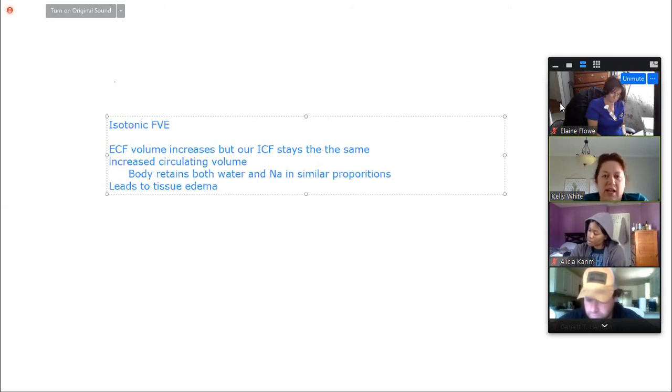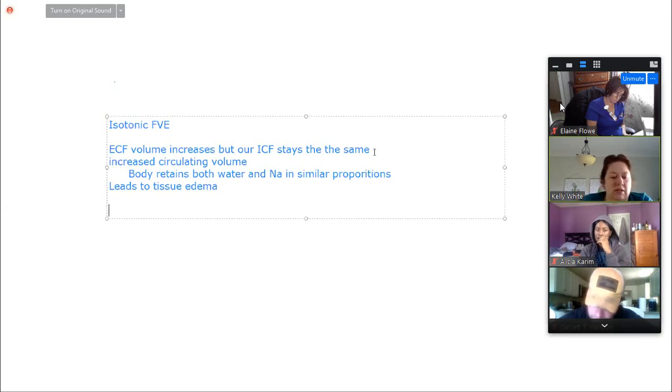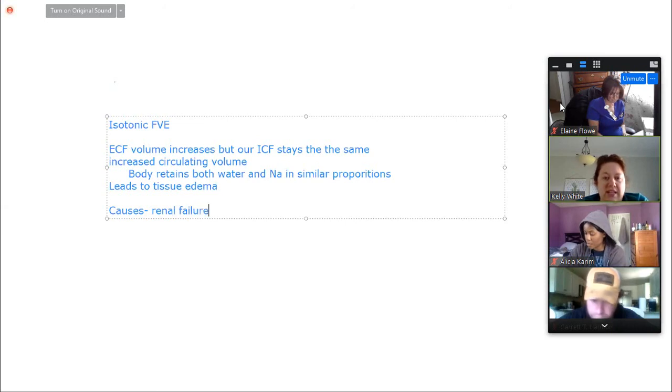So think of your patient with congestive heart failure and how swollen their legs and hands are. They have all that excess fluid in their tissues and it's causing them to swell up. Some causes are going to be things like renal failure, because your kidneys are not excreting the fluid that they should be.